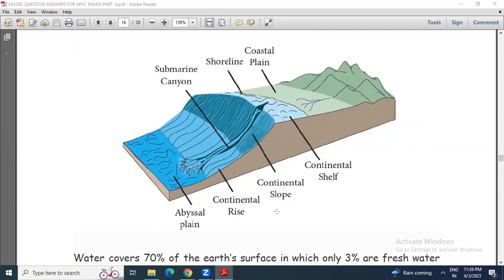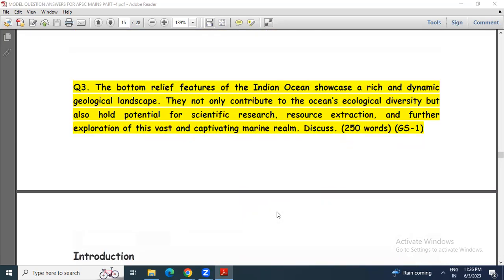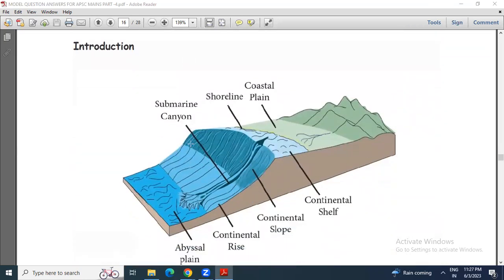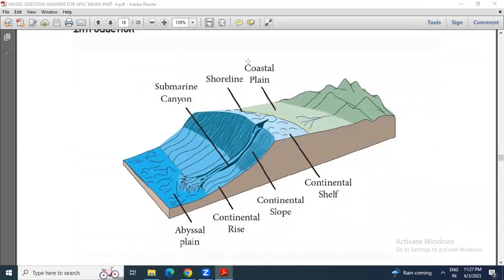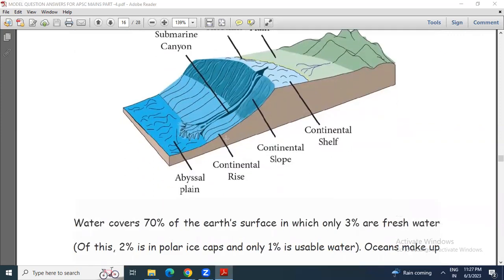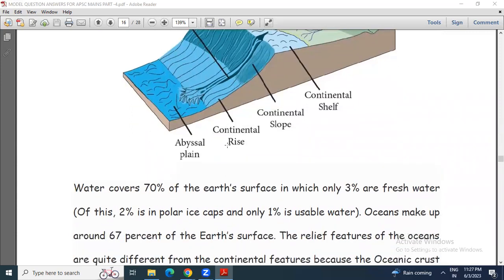So if we discuss these different bottom relief features, we'll have a landscape like this: first coastal plain, then shoreline, after that continental shelf, continental slope, there you will have continental rise and the submarine canyon, and we have abyssal plain.